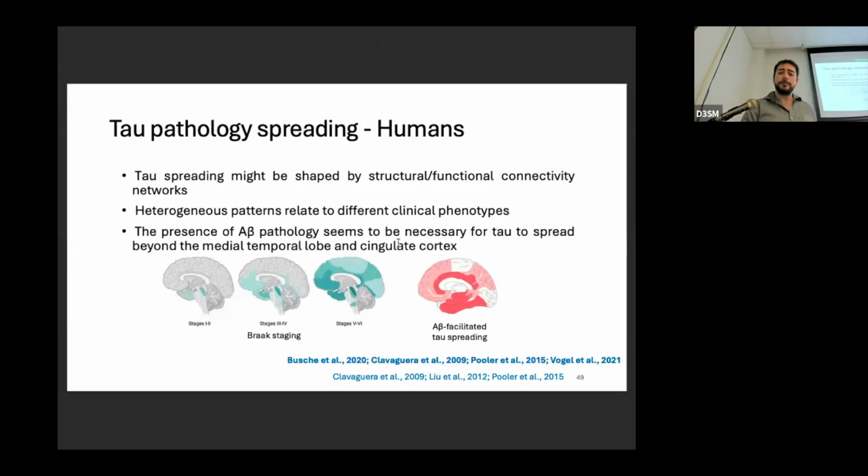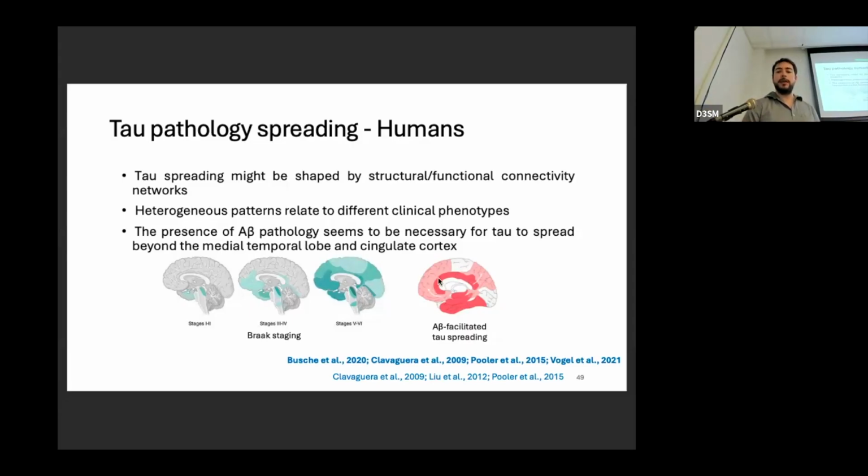And there are some studies in human participants that have also supported this kind of synergistic facilitation of amyloid beta deposition, because we know that there are some people with neuropsychiatric conditions that express high levels of tau without amyloid. This is called primary age-related tauopathy. That's a good example where people have high levels of tau but no amyloid. And in those participants, the tau spreading tends to be delimited to the temporal lobe and the cingulate cortex, as exemplified here in red.